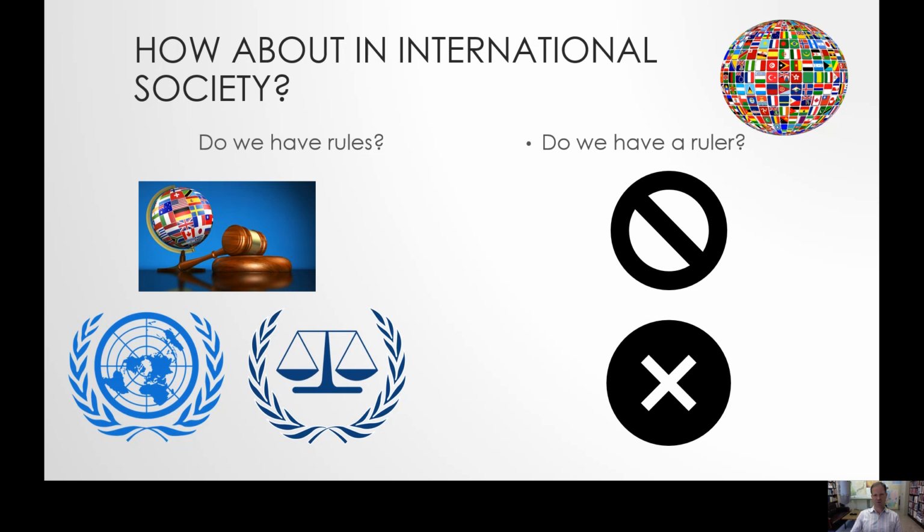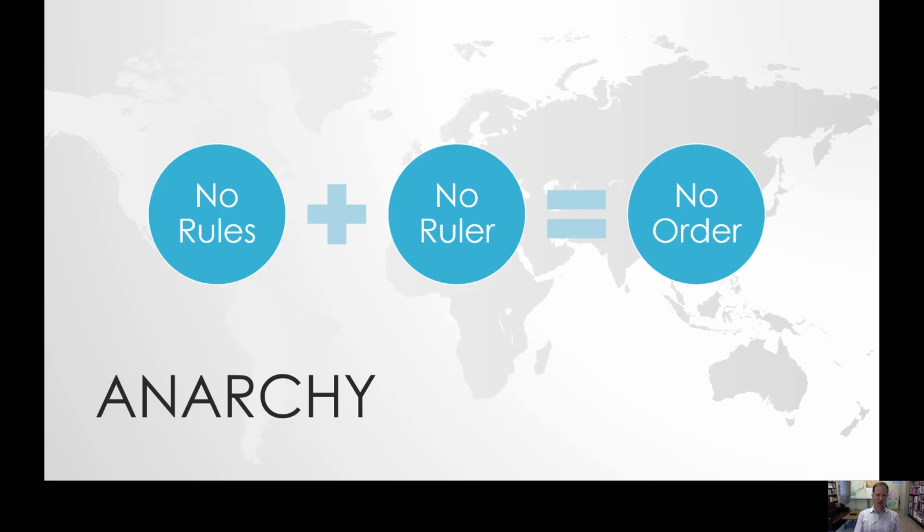The next question, of course, we should ask is, do we have a ruler? And of course, this is also a very big answer. We can answer very simply that no, we don't have a ruler. And so this gives us some indication of something important in international relations.